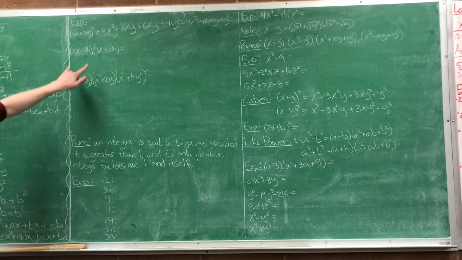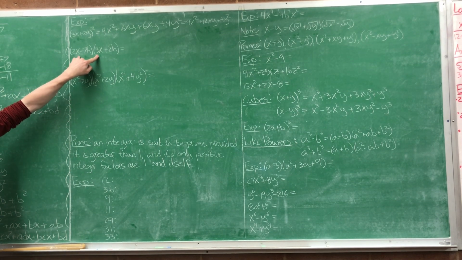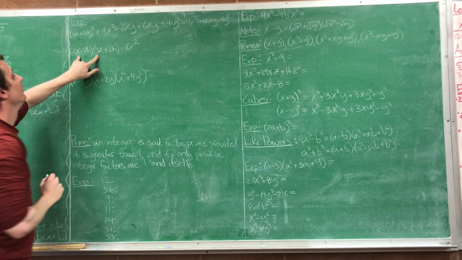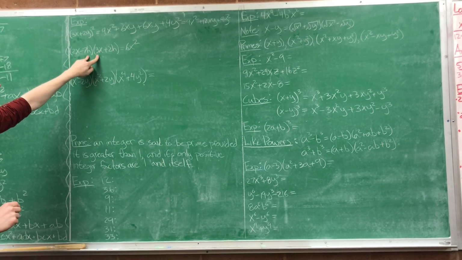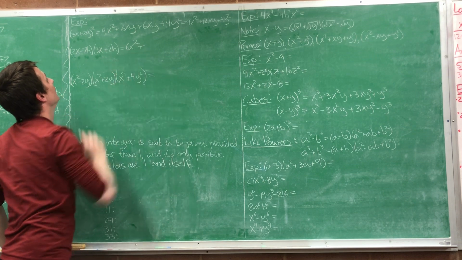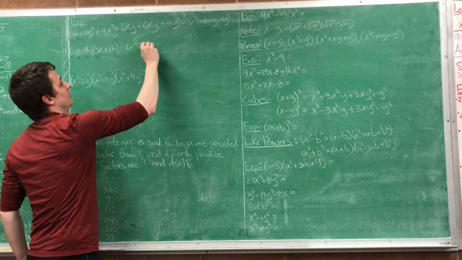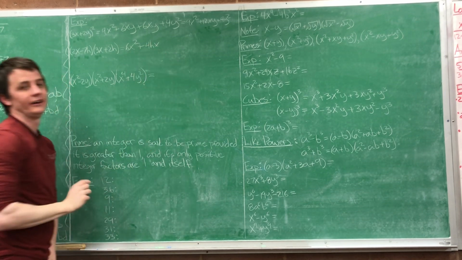6x squared. Good. Plus, is it 4xh? Sure, but you put the h first. Alphabetical order.